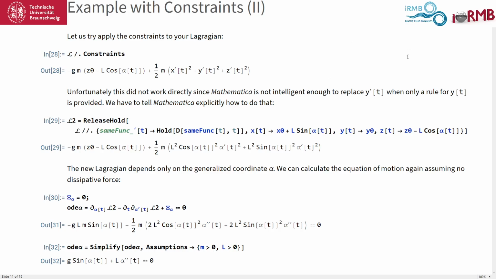When it sees y dash, it will not replace y dash with the derivative of. So if you want to do this, you have to help it and do it a little bit by hand.